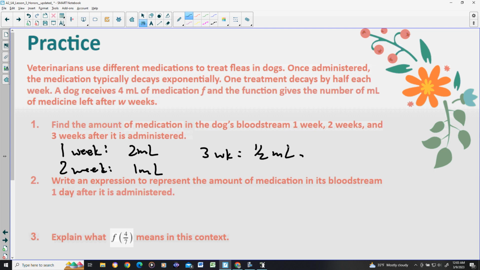Okay. Write an expression to represent the amount of medication in its bloodstream one day after it is administered. So, ooh, 1 day. Oh, how do we do that? Well, how many days are in a week?